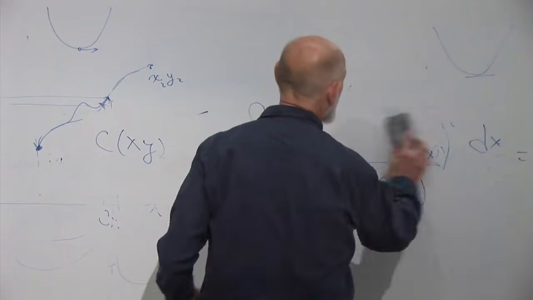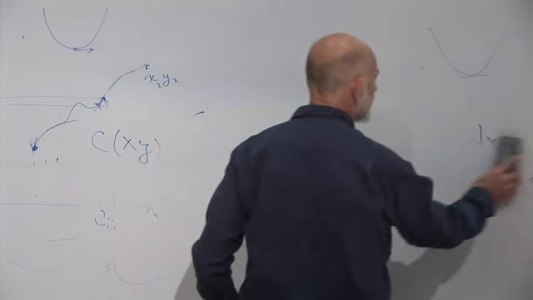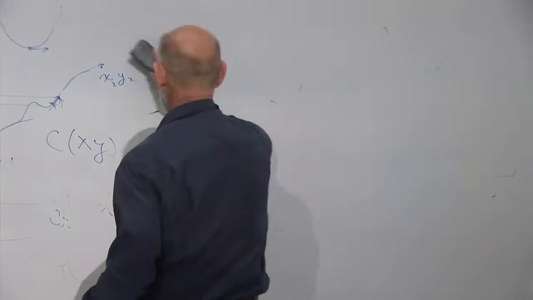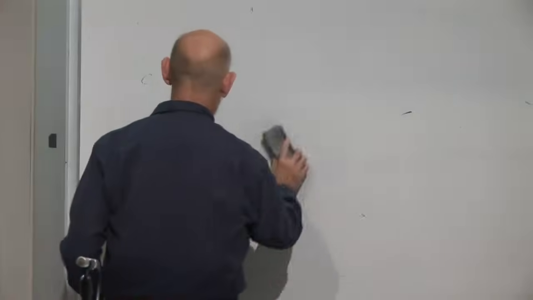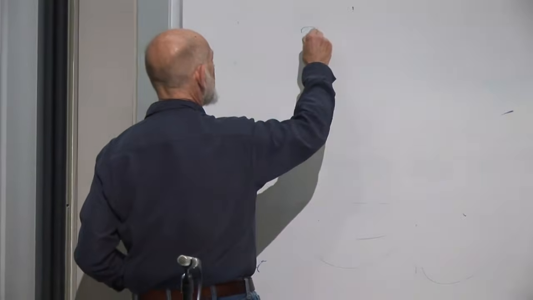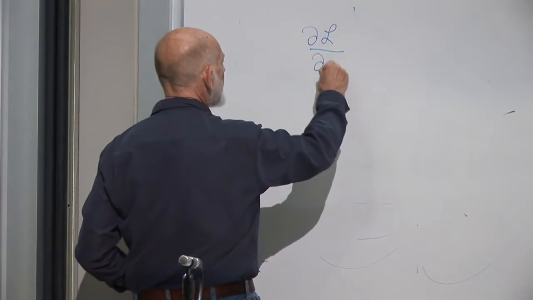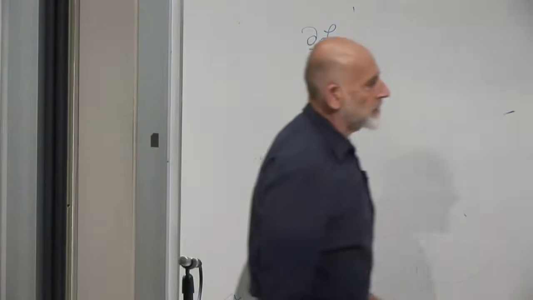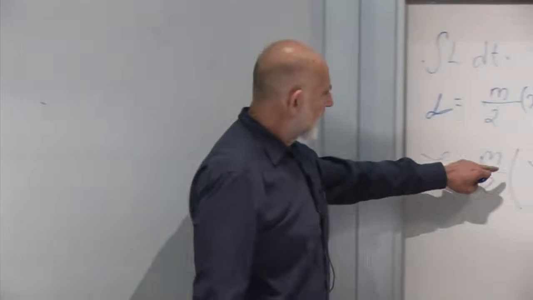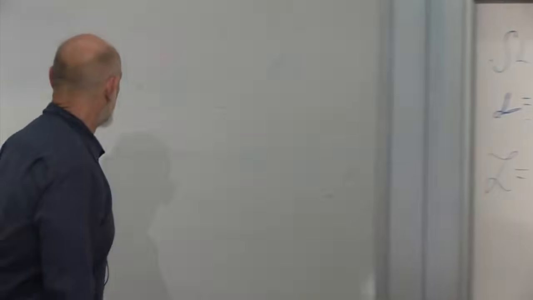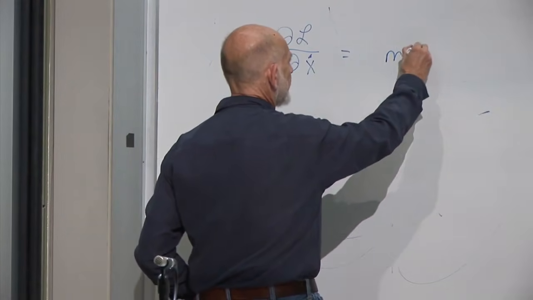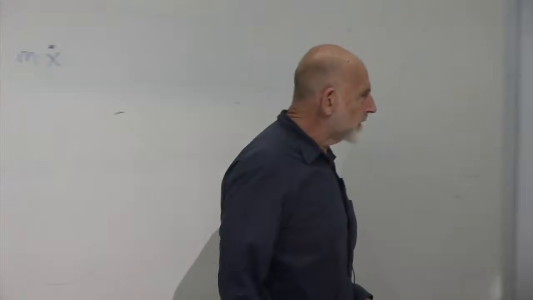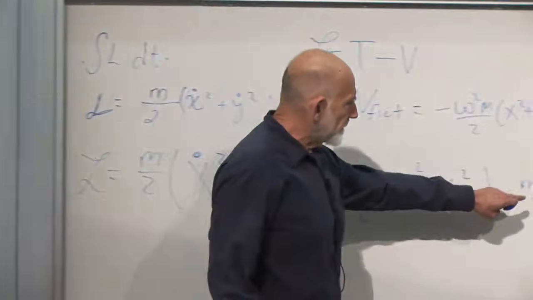Let's write out the Euler-Lagrange equation for x. We start with the partial of L with respect to x dot. What is that? It's m x dot, what we usually call momentum, but now there's another term.